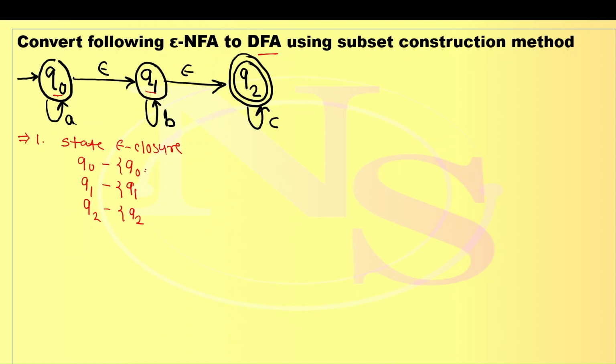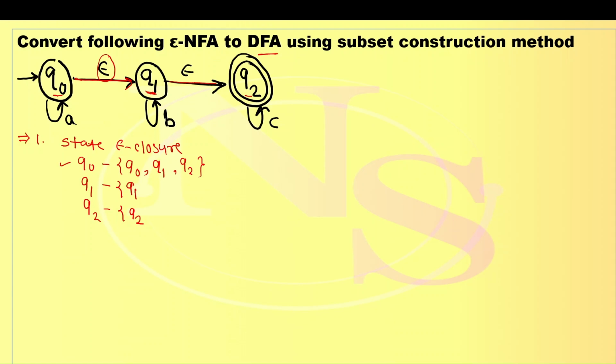Then for Q0, add wherever Q0 is able to reach using the epsilon transition. Q0 is able to reach Q1 using an epsilon transition, so write Q1 here. Then Q1 is able to reach Q2, so write down Q2 also. So this is the epsilon closure of Q0.